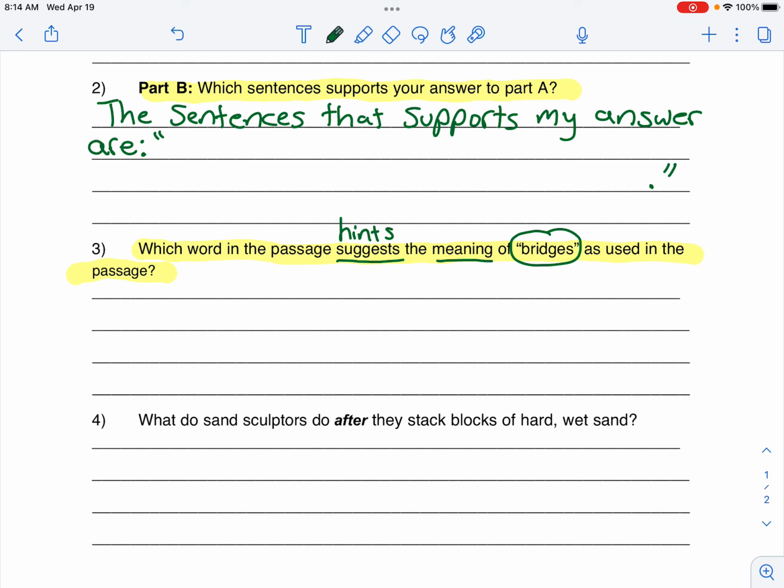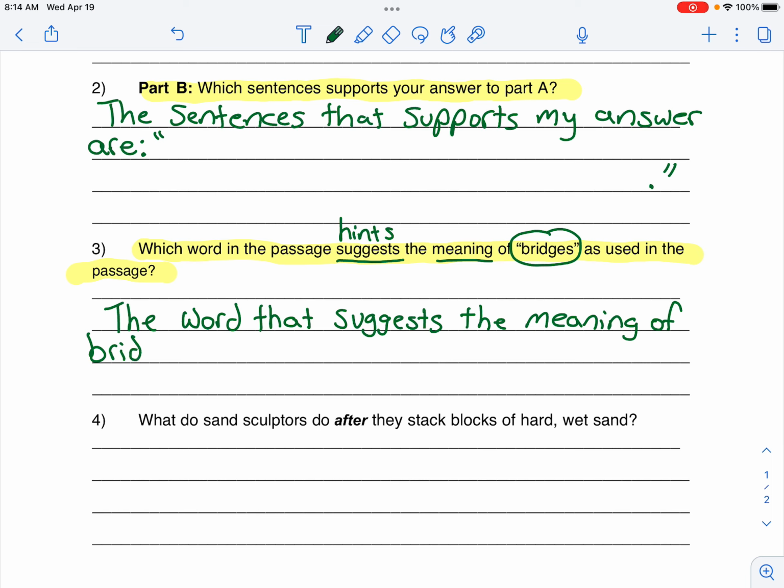Let's go ahead and restate. The word that suggests the meaning of bridges is, and then you're going to write the word right here, and of course end your sentence with a period.